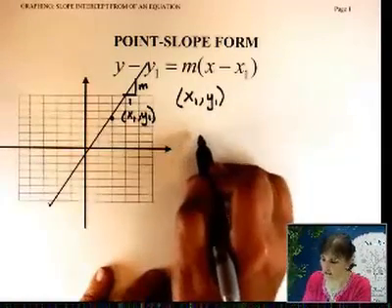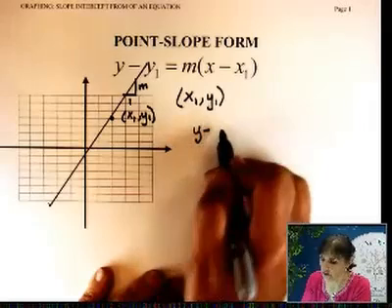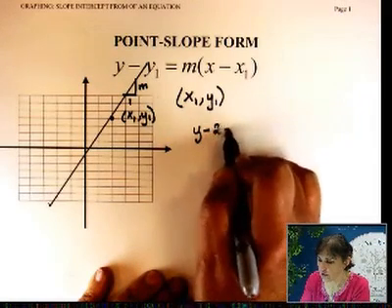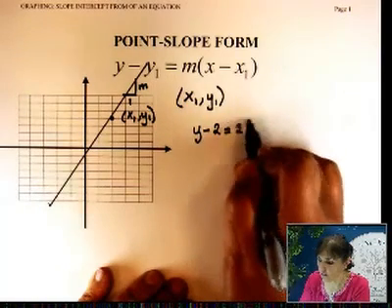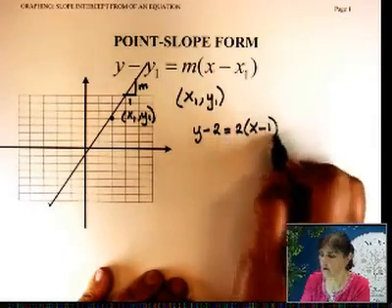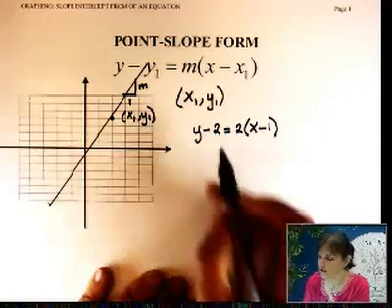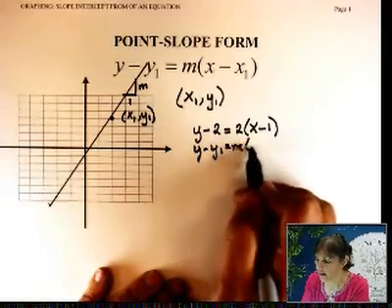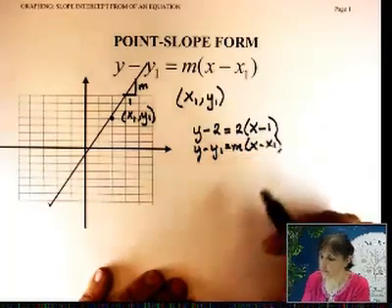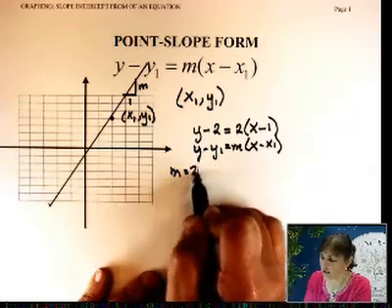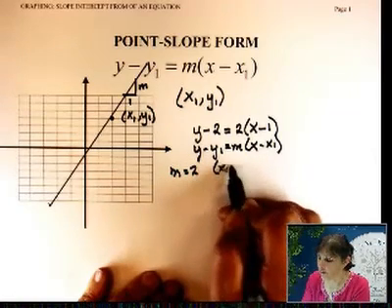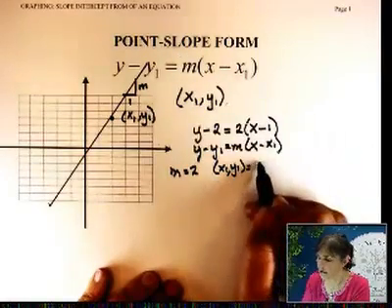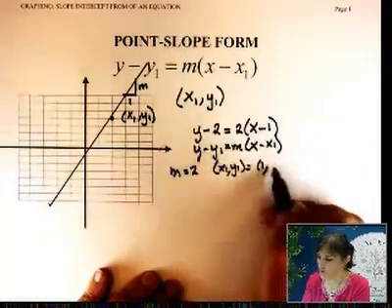Let's do an example. y minus 2 equals 2 times x minus 1. What you need to do is, first, line them up: y minus y1, m, x minus x1. m is 2, and x1 is 1, and y1 is 2.